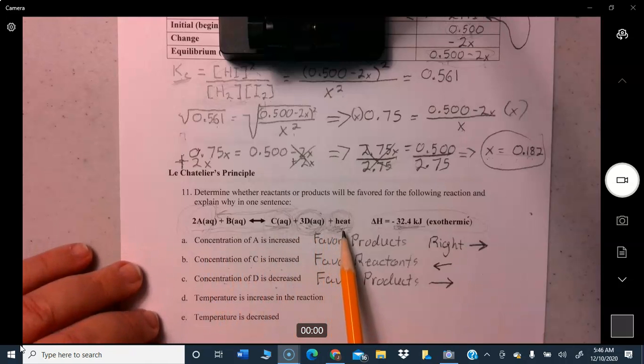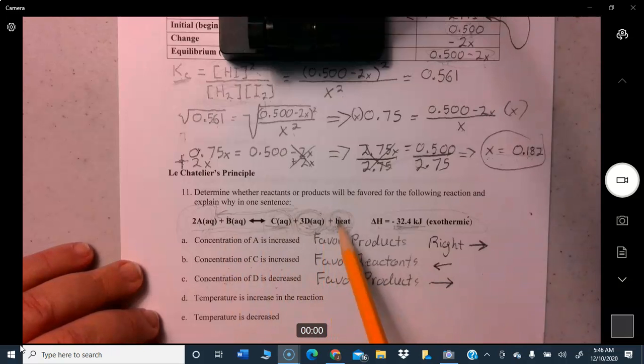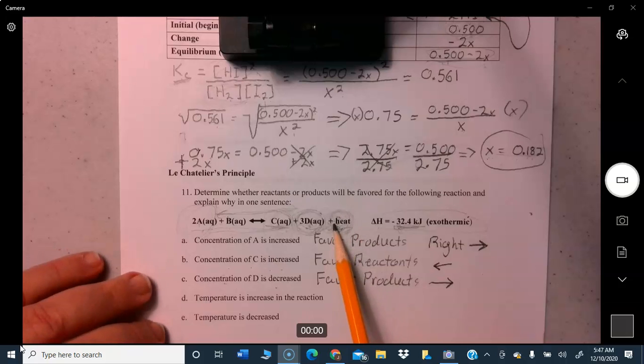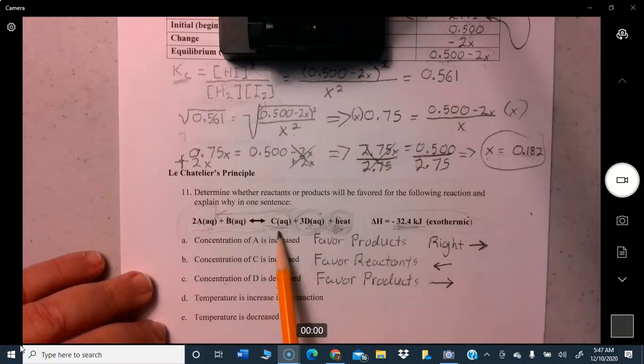So what is increasing the temperature doing to the heat of the reaction? It forces heat into the reaction. This reaction doesn't want heat to go into it. It wants heat to come out. So if you increase the temperature, you make it harder for the heat to come out into a hot environment. So that's going to slow the reaction down, or in fact push it back to the left. So that's going to favor reactants, going to the left.